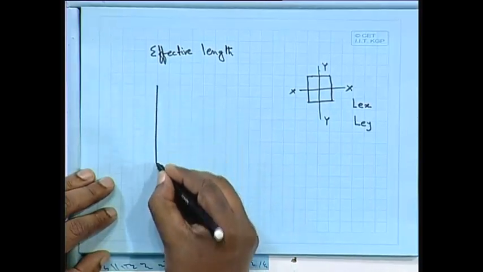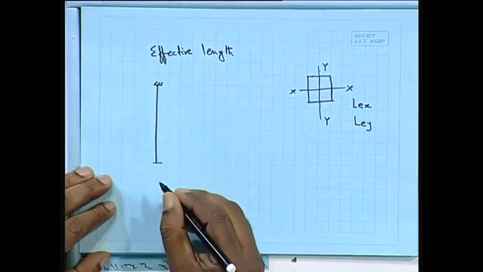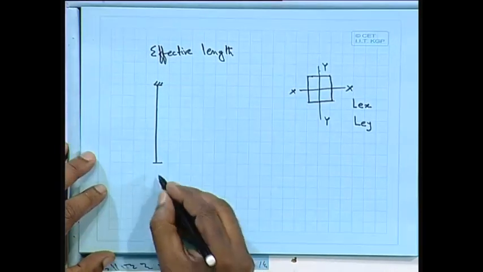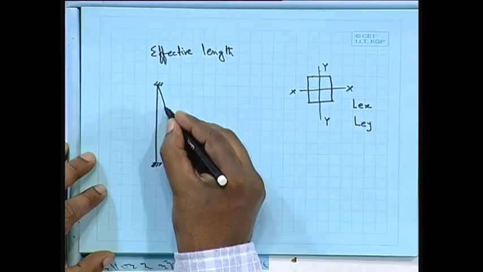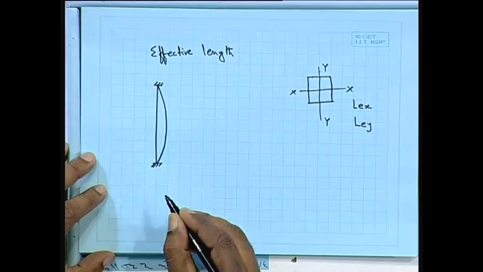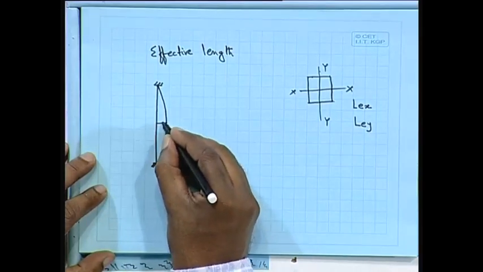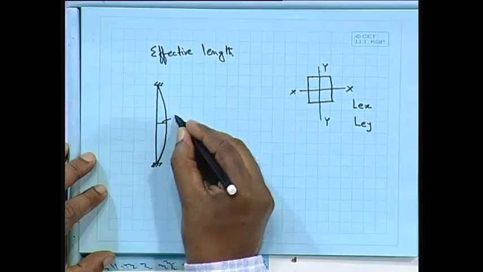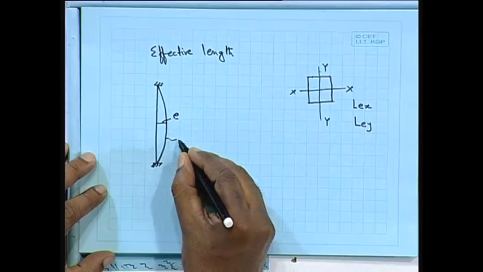So far we have done buckling of columns, buckling or stability, and it is based on the same principle. Here, in this case, there is a certain deflection, let us say E, and this is your deflected shape.